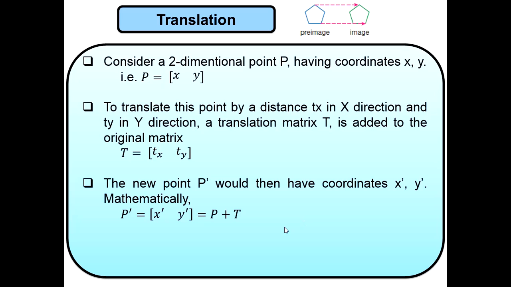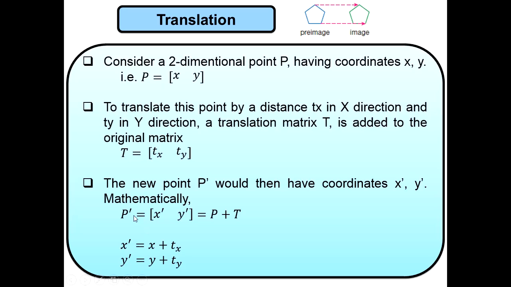So x dash will be x plus Tx. When we add x and Tx, we get x dash, and y dash we get by adding y and Ty. When y and Ty are added, we get y dash, that is position P dash.